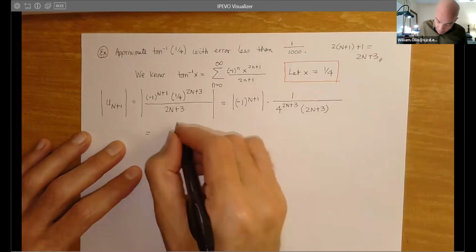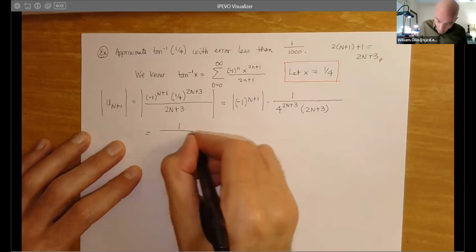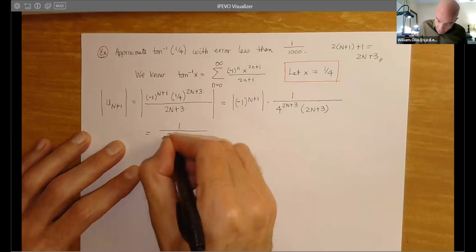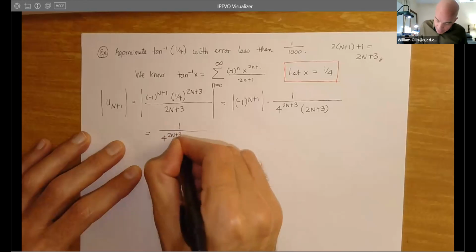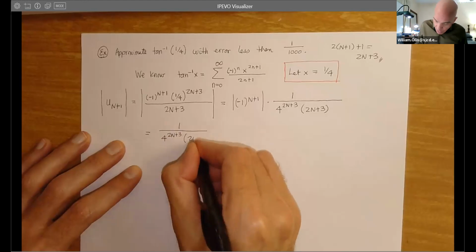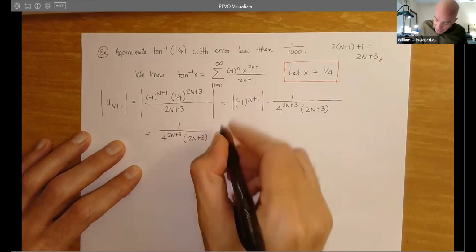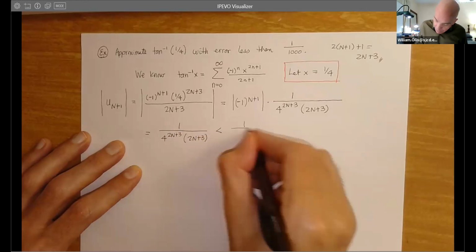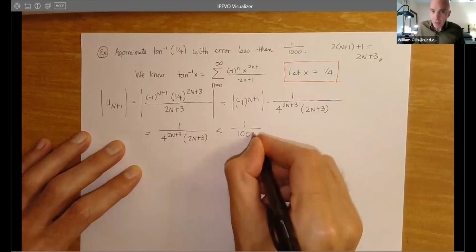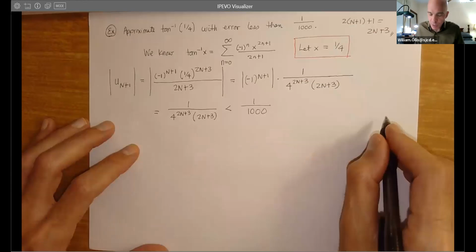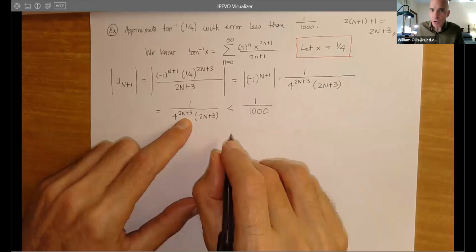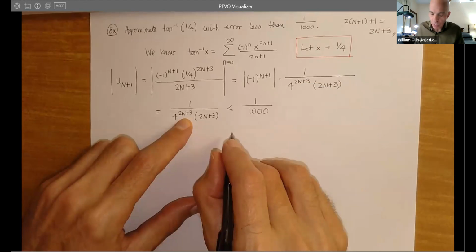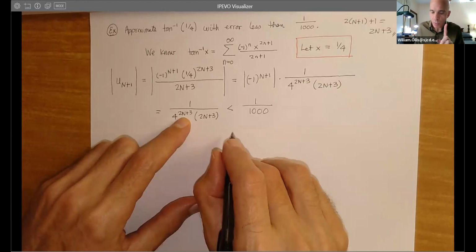So we have 1/4 to the 2n plus 3 times 2n plus 3. And we want this to be less than 1/1000. So you're thinking, well, this power is getting big kind of fast, so maybe we don't have to be too crazy. You know, we want the first term.